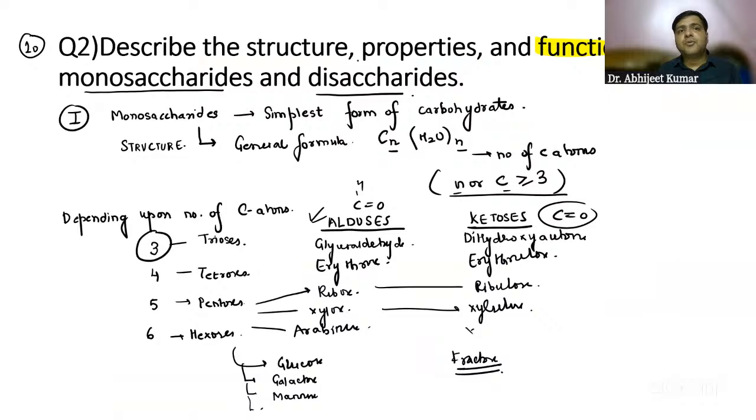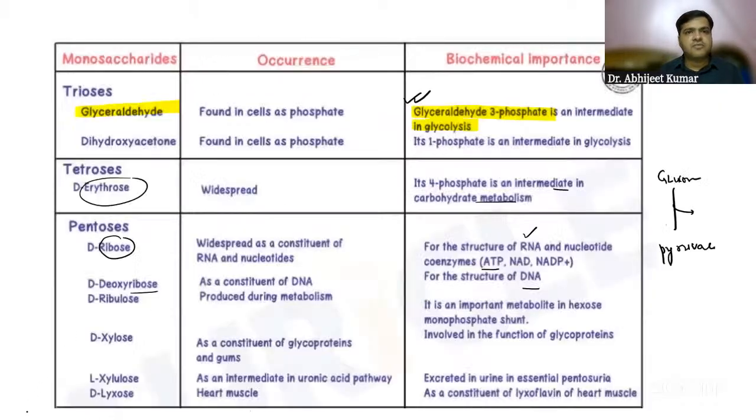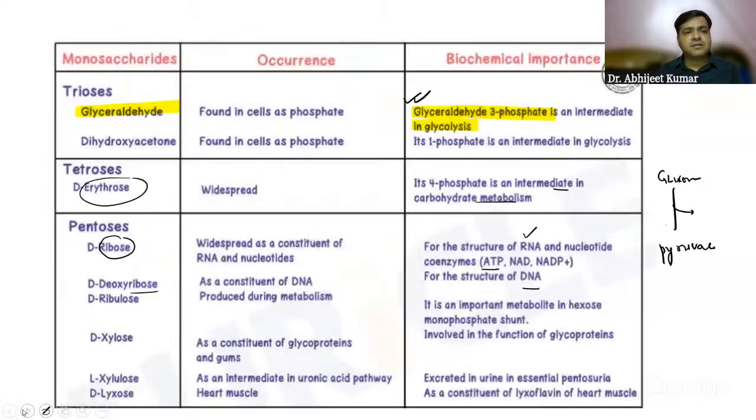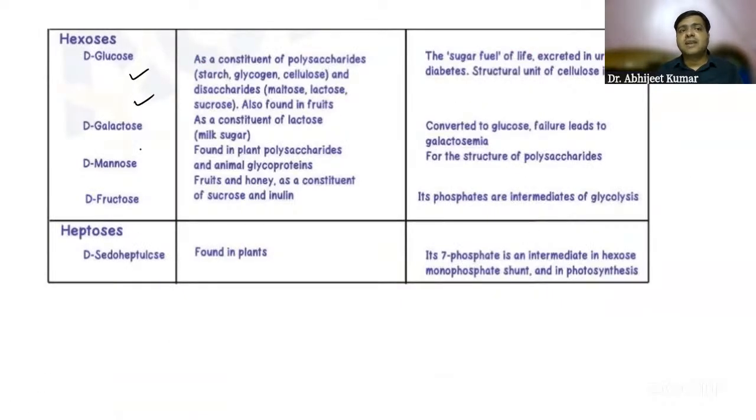Coming on to the properties of monosaccharides, you can also remember, guys, this portion I have taken from the Oracle notes, and they are very well designed. Glucose, galactose, mannose: glucose is the sugar fuel of our body. Galactose is converted to glucose, and failure leads to galactosemia, a condition we'll discuss in detail. The pentoses are an intermediate in the HMP pathway.